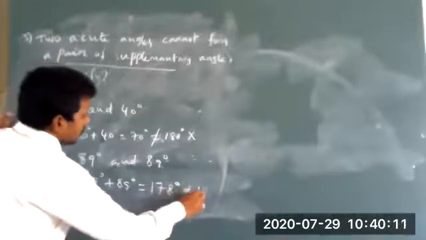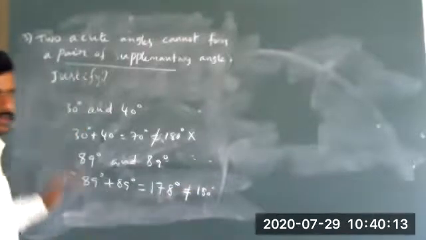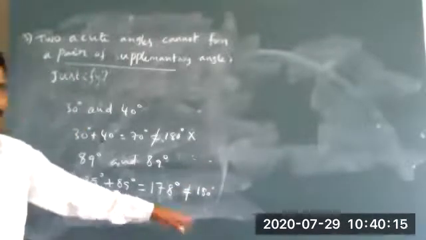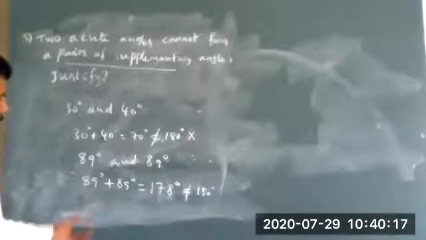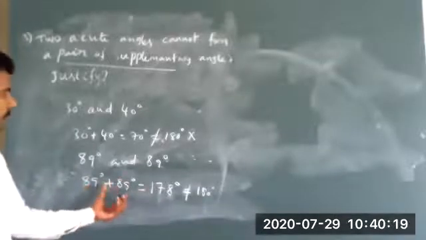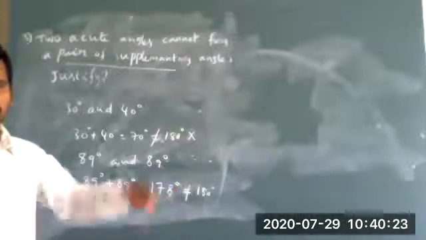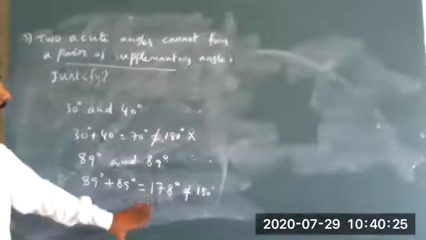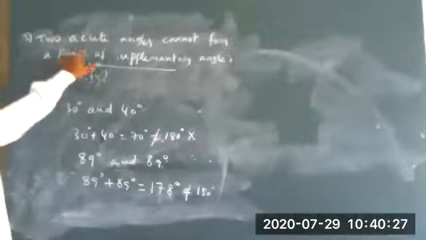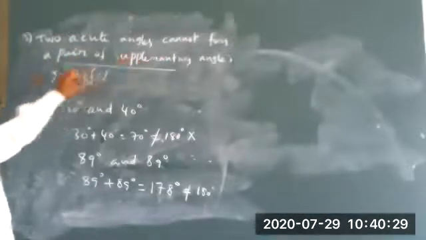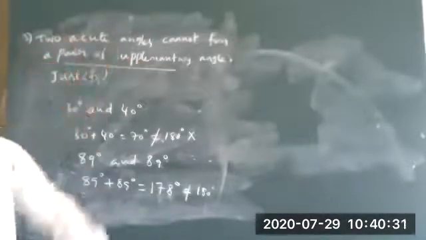It is not equal to 180 degrees. So the sum of these two angles is 178, not 180 degrees. That's why two acute angles cannot form a pair of supplementary angles.